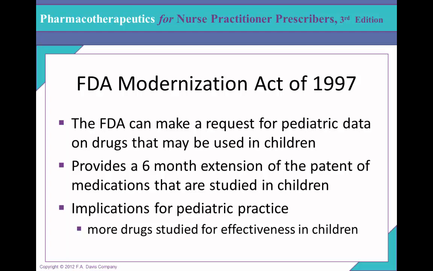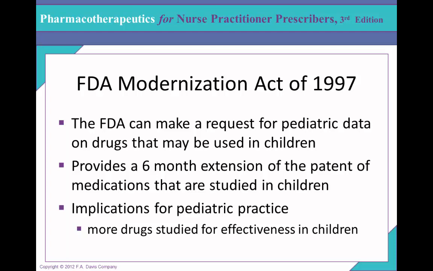The FDA Modernization Act also provided a 6-month extension of the patent when the drug was going from brand to generic. And this is because, again, it provides that the advertisement of the prescription drug must conform to the labeling, and the majority of the drugs were not tested in the pediatric population.